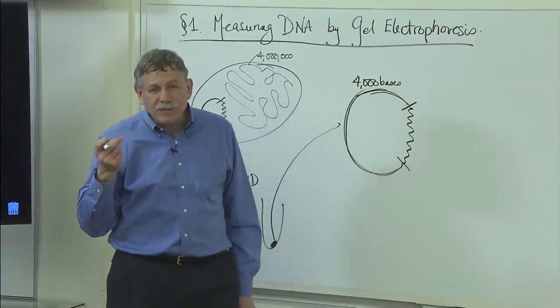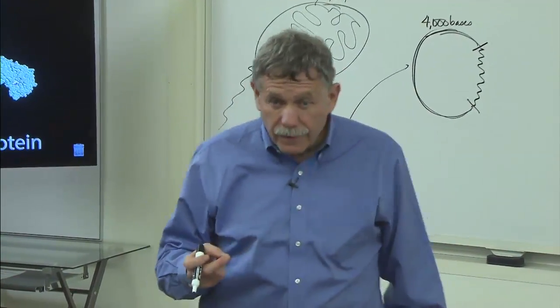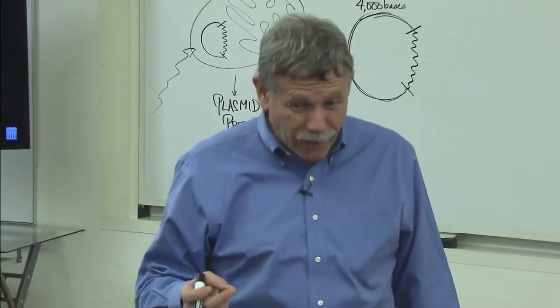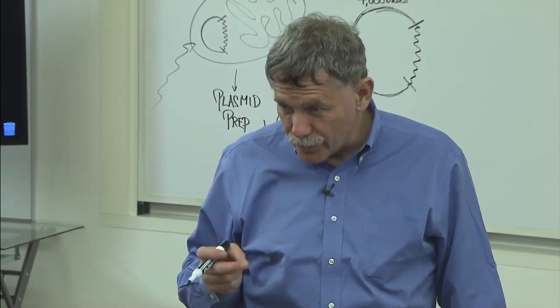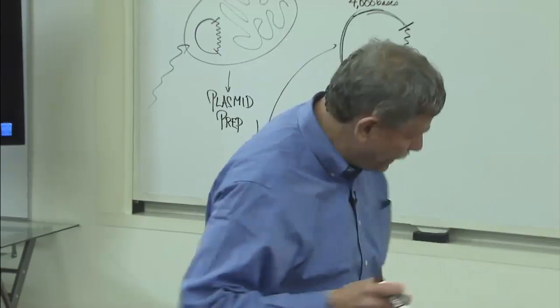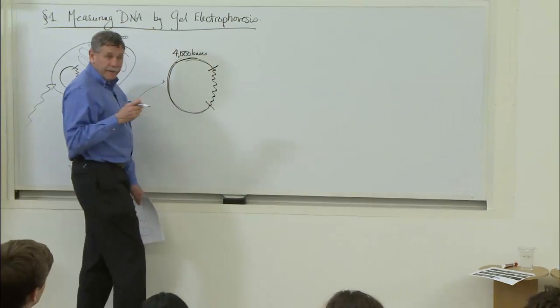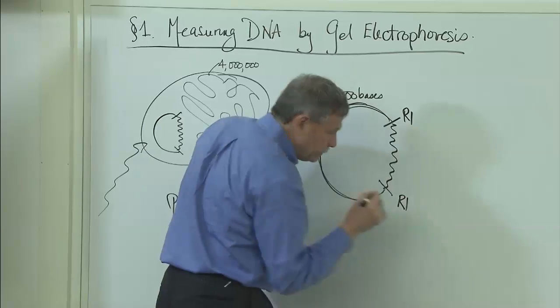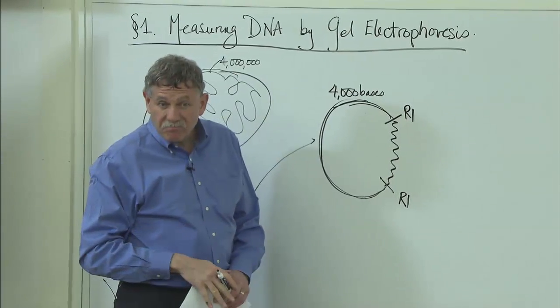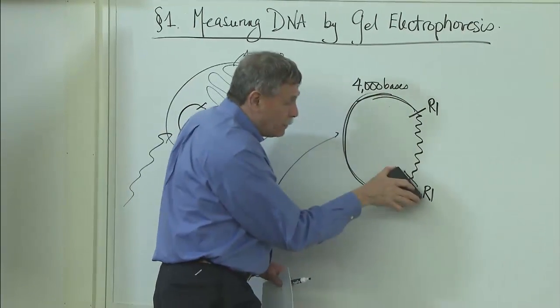How do I measure the size of DNA? I could try looking at it, but that turns out to be really hard because DNA is very little. There are other tricks for measuring the size of DNA. Well, if I cloned this thing with EcoRI, the first thing I can do is take my restriction enzyme, EcoRI, and cut it open again.